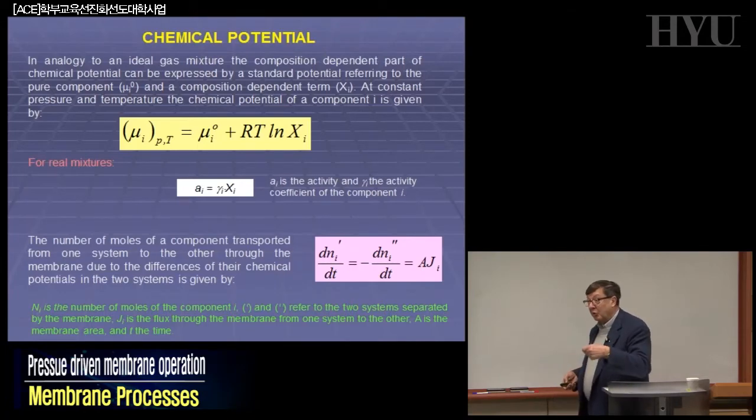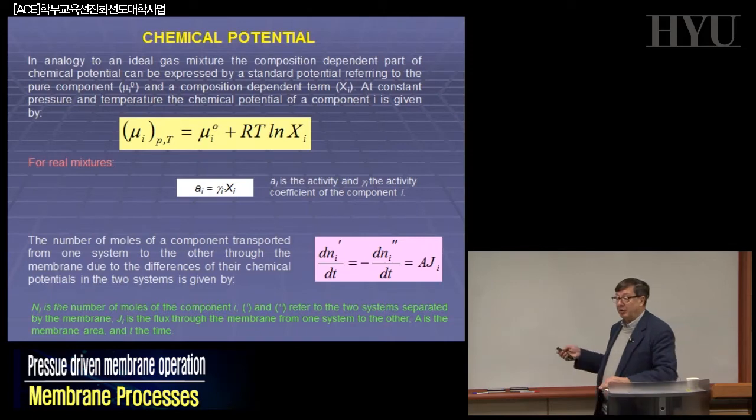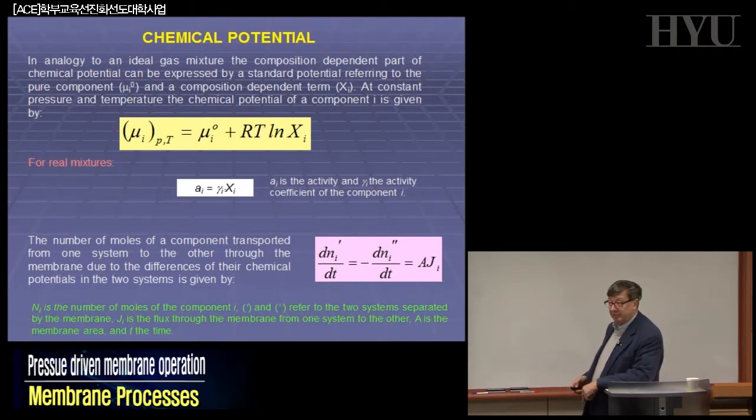So you have to learn how to re-elaborate your equation in terms of the real activity, which is the one that is present in the chemical potential of our system.